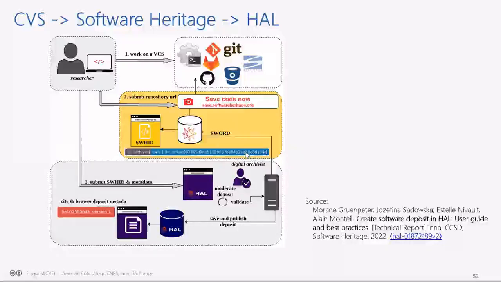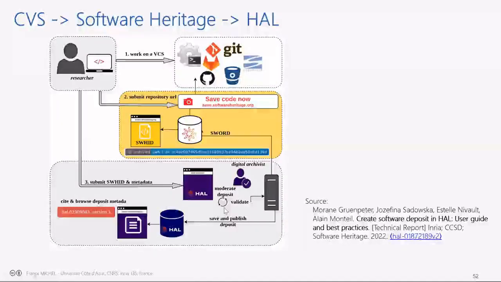Then either you stop here, or you say that, well, according to our institutions, we should also have a HAL ID for all of our research products in France. In that case, you go to HAL and you submit the SWHID.